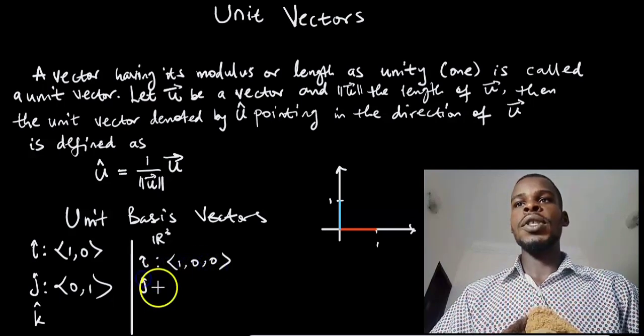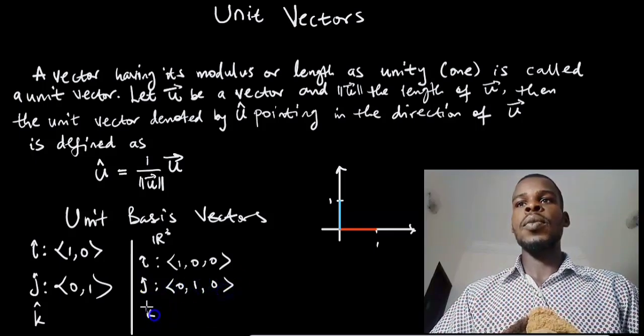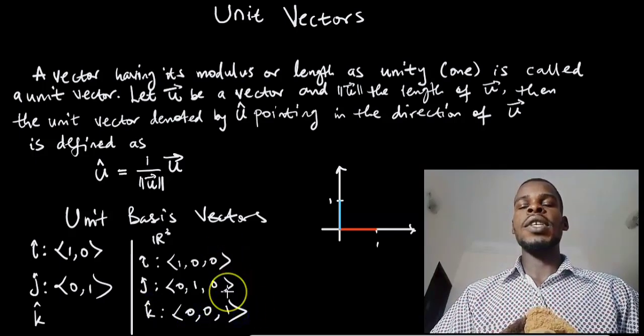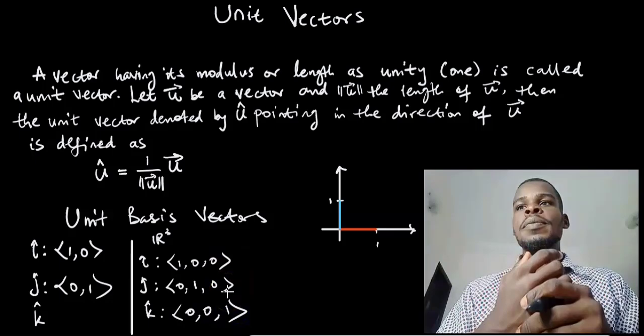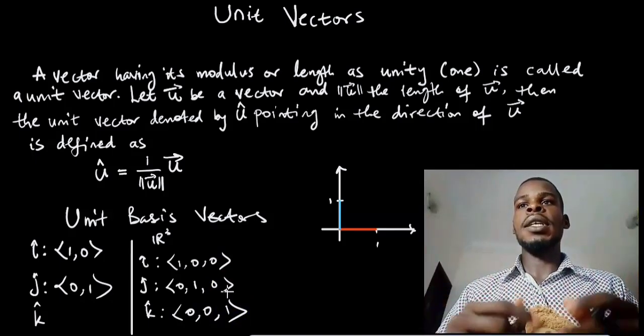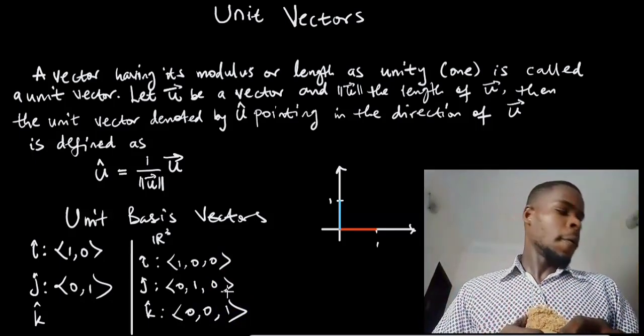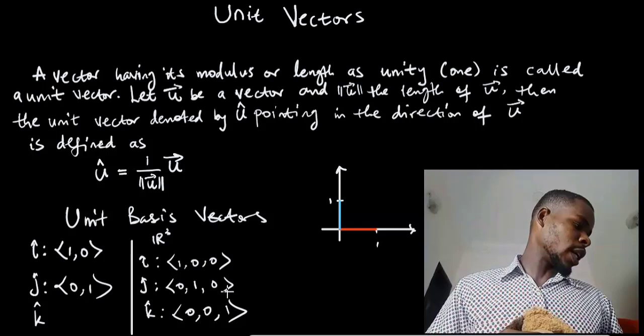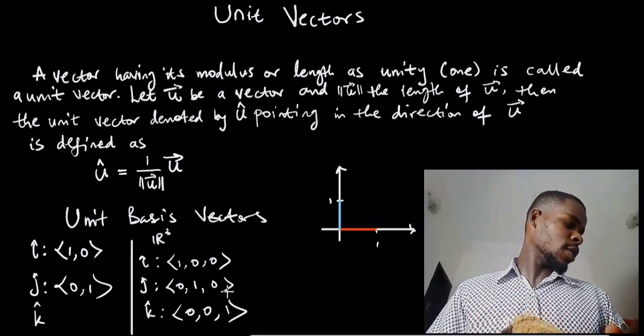J hat will be pointing in the y direction, having its entries as 0, 1, 0. And then k hat will be pointing in the z direction, having its entries as 0, 0, 1. Good. Each of these, their length is 1, and then that's it. So those are the unit vectors we want to look at. That's the basis unit vectors.